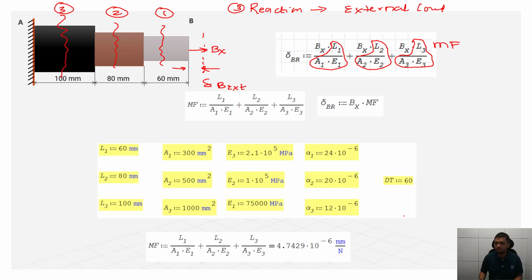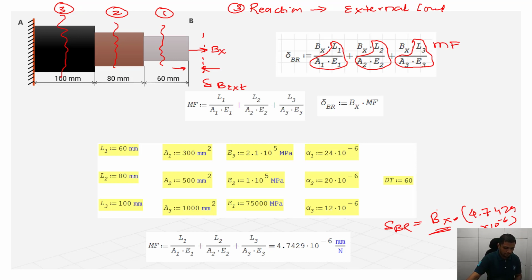Right, so we get delta BR equals Bx into this value, 4.7429 into 10 to the power minus 6. Here the unknown is Bx.